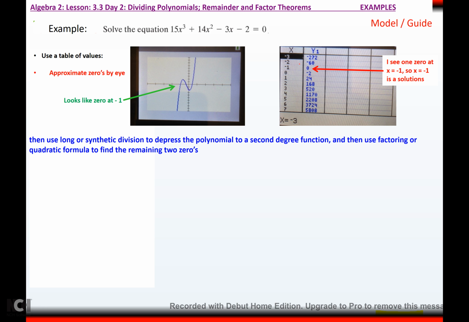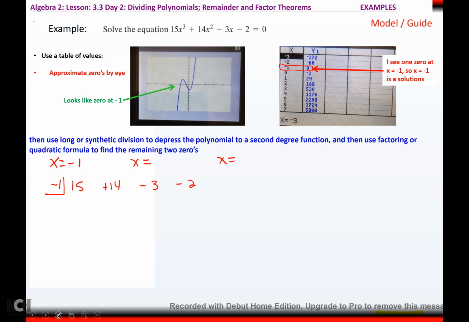This time I went to the table, okay? It tells me that -1 is a 0. Since I now know one by hand, x equals -1, I need to find two other ones. I can use synthetic division: -1, 15, 14, -3, -2.